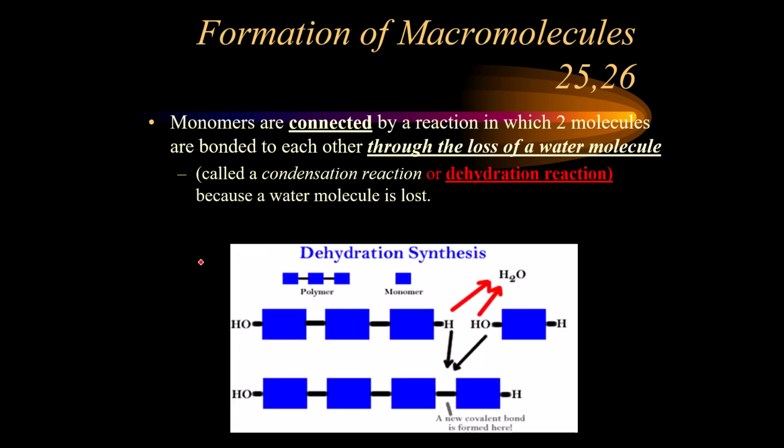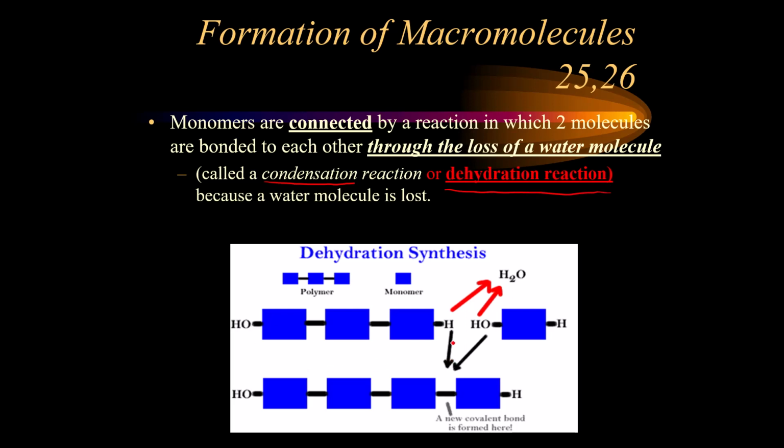Monomers are connected by a reaction in which two molecules are bonded together, and in that they will lose a water. Condensation is the loss of water. Dehydration is the loss of water. We call them that because they are losing water.